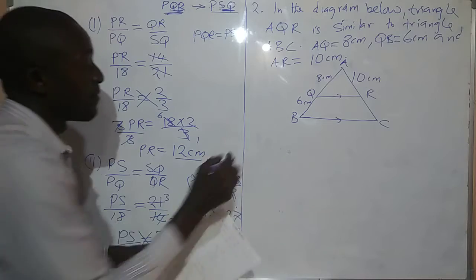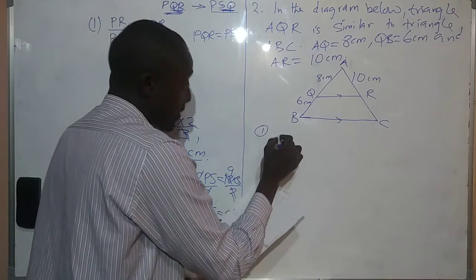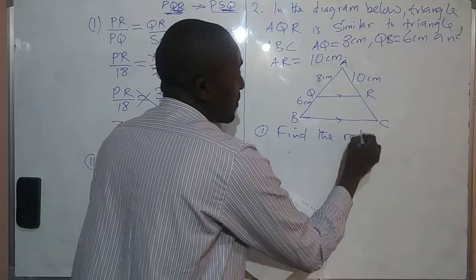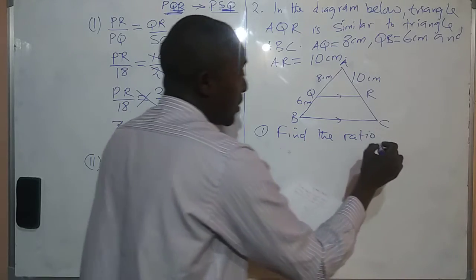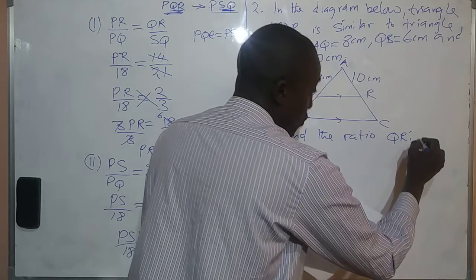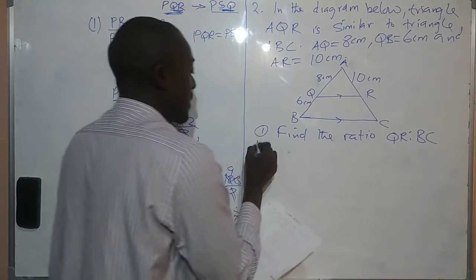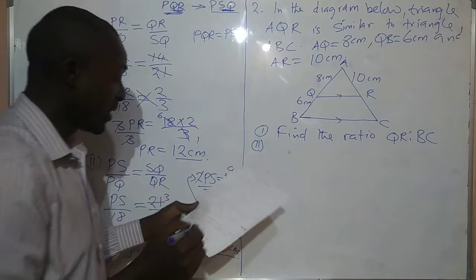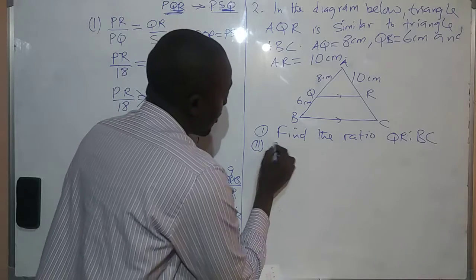The first question says, find the ratio QR to BC. Question 2 says, calculate the length of RC.